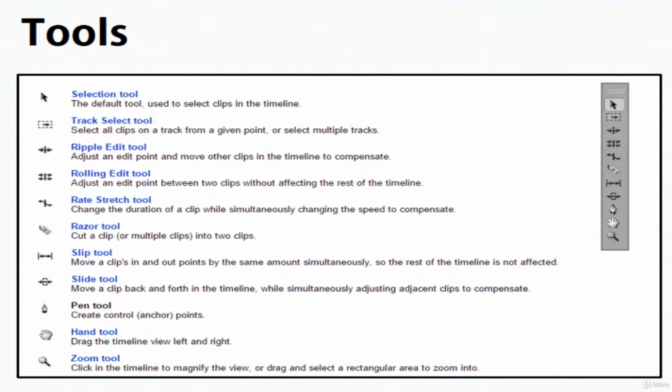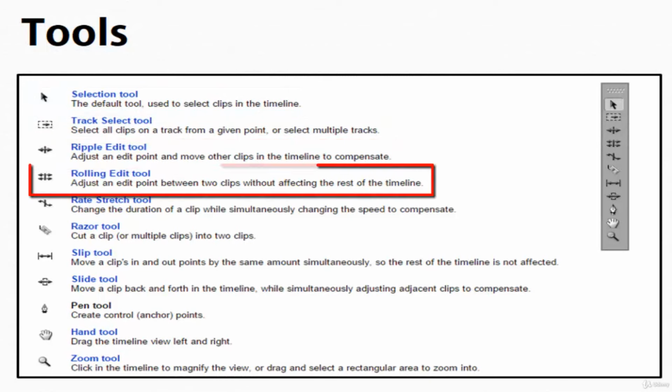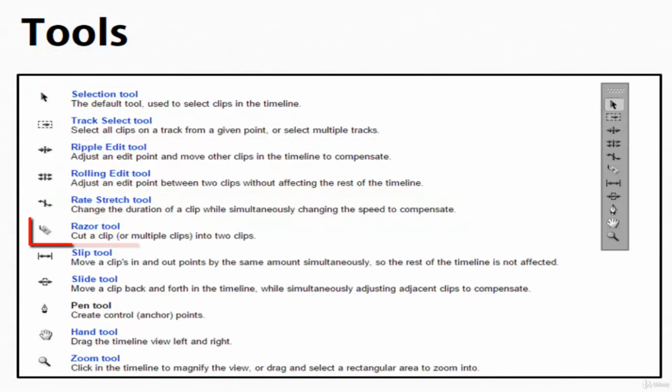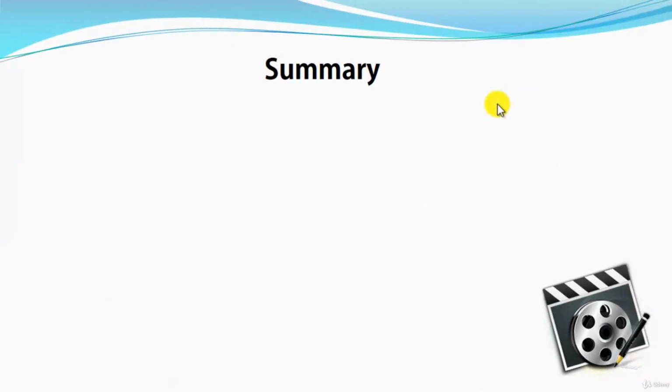These are our different tools: selection tool, track select tool, ripple edit tool, rolling edit tool, rate stretch tool, razor tool, slip tool, slide tool, pen tool, hand tool, and the last, zoom tool. A summary has also been prepared for you.